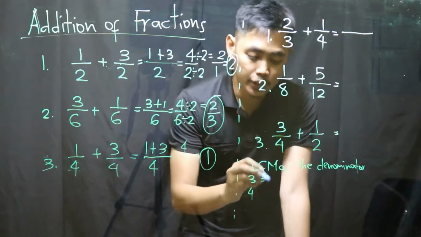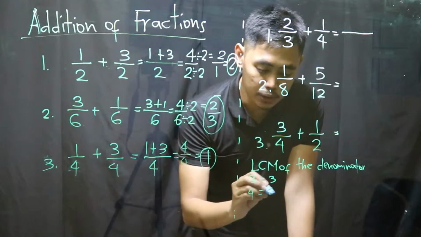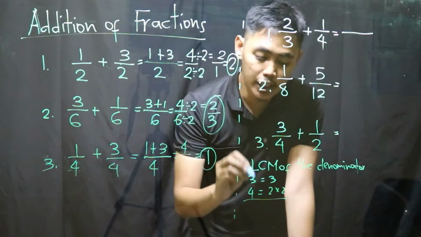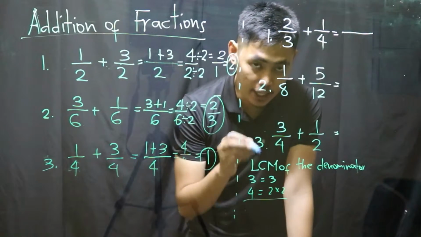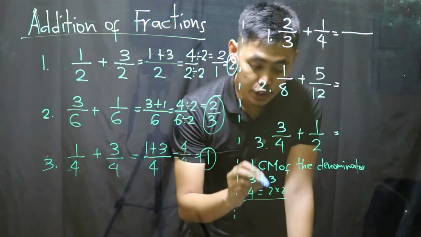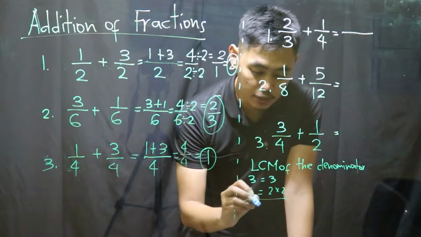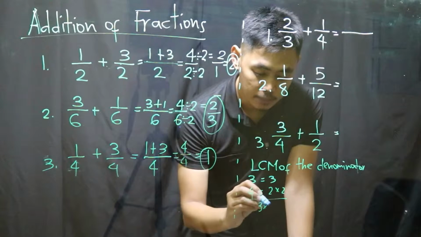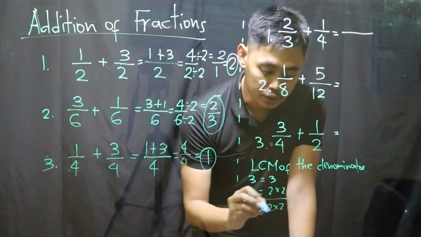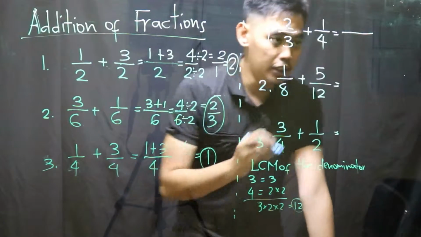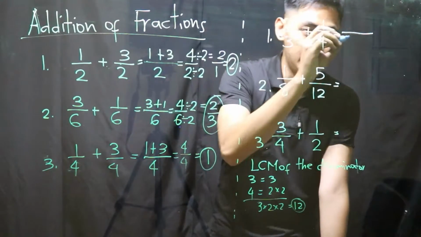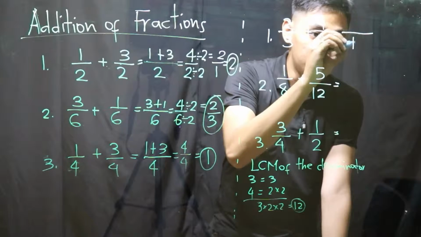So 3 is equal to 3 and 4 is equal to 2 times 2. So you will need to get the least common multiple. Since we don't have any similar digits here, we can just simply say 3 times 2 times 2. So 3 times 2 times 2 is 12. Therefore, our LCD or LCM of the denominators is 12.